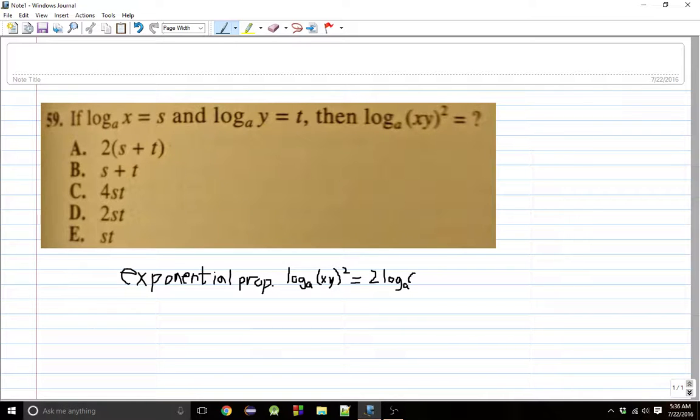Okay, so essentially what we did over here is we took this exponent and we put it in front of log a to the xy. Kind of like taking a derivative, but not exactly. If you don't know what a derivative is, don't worry, that's calculus.